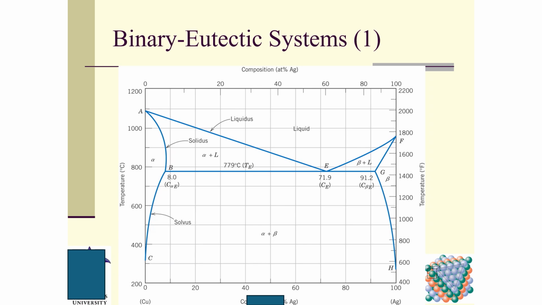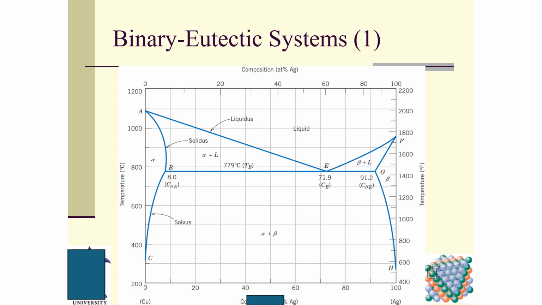We know that copper with nickel is a binary isomorphous phase diagram. But here, copper and silver have a different phase diagram. We call it a binary eutectic system, binary phase diagram. So here is copper from 0, and at 100, this is silver.